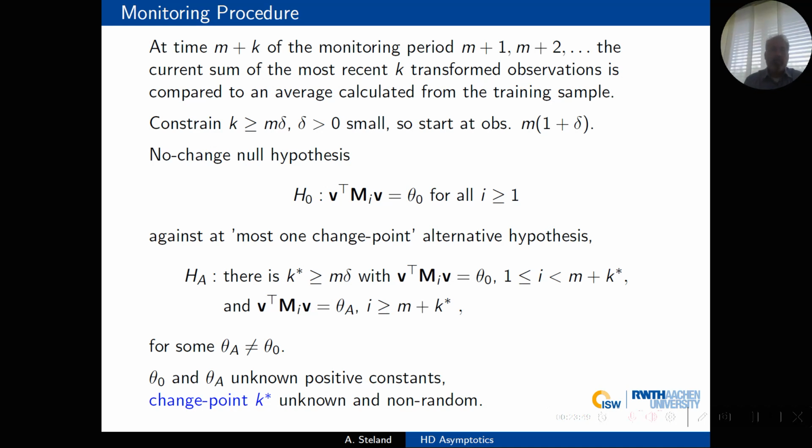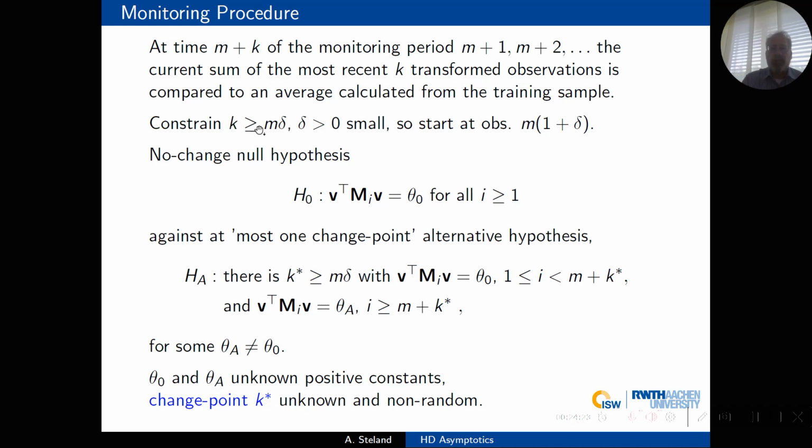So now the monitoring procedure itself. At time m plus k of the monitoring procedure, which starts right behind the training sample, we compare the current sum of the most recent k observations after some transformation of them to an average calculated from the training sample.